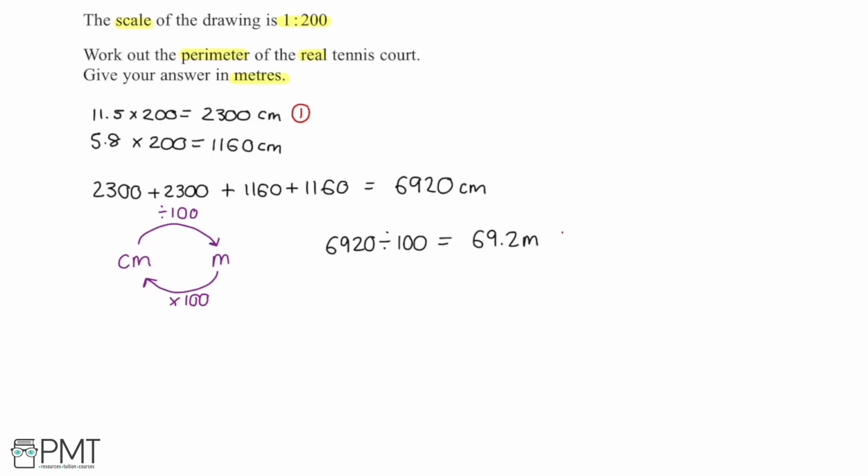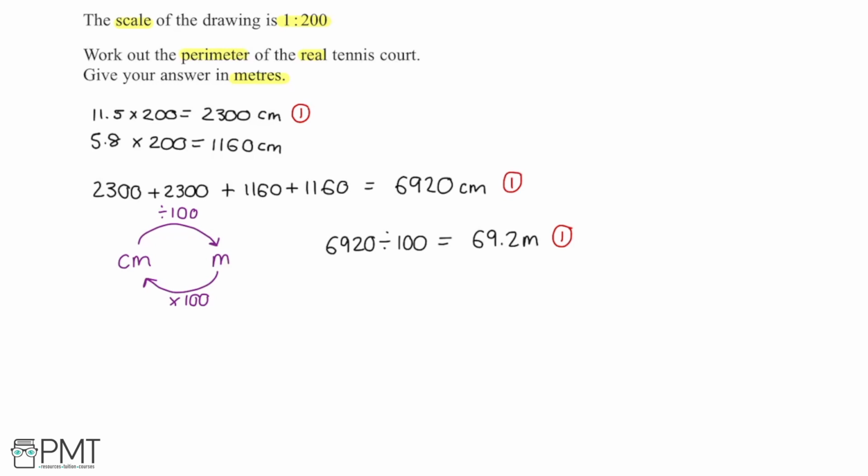You could have done it while we had our original measurements, but I've just saved one calculation as I didn't have to do this for both of the individual width and length. And then there's going to be another mark for finding the perimeter. So that's what we did here, finding the perimeter of the total shape. And then the final mark is going to be for an answer.